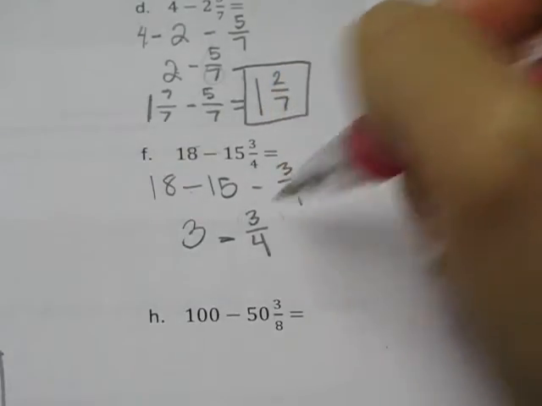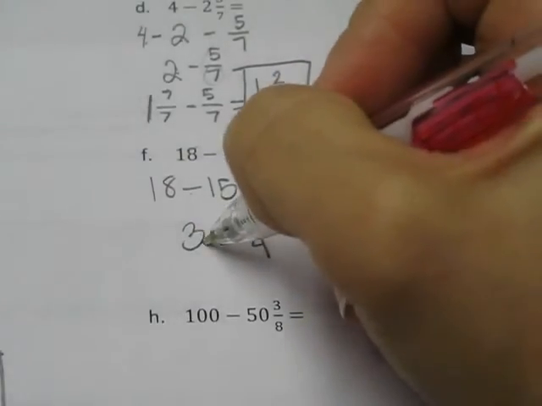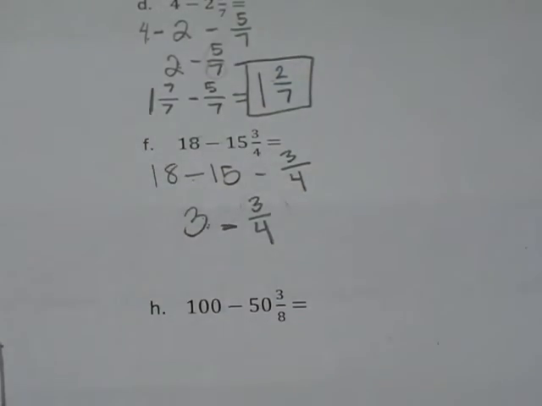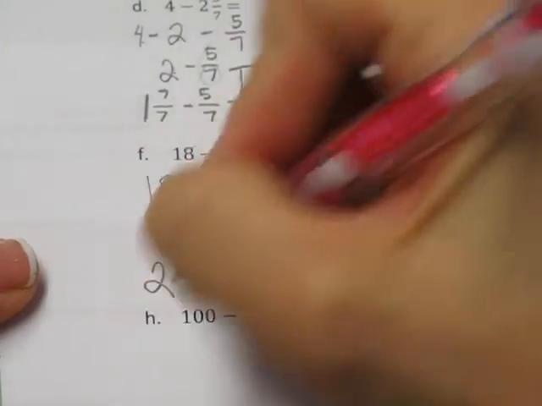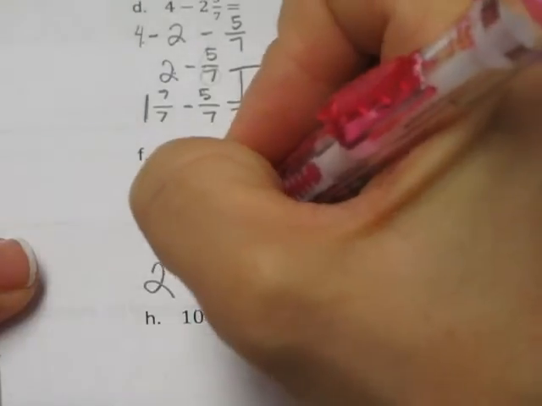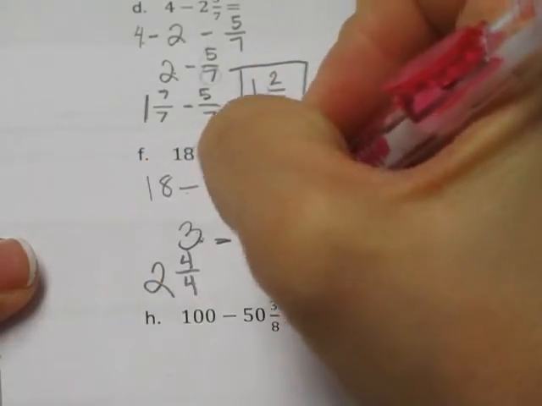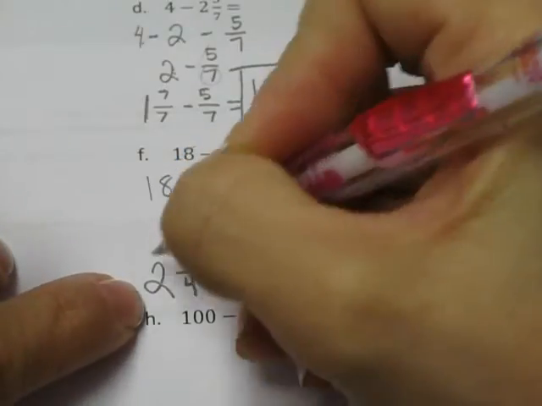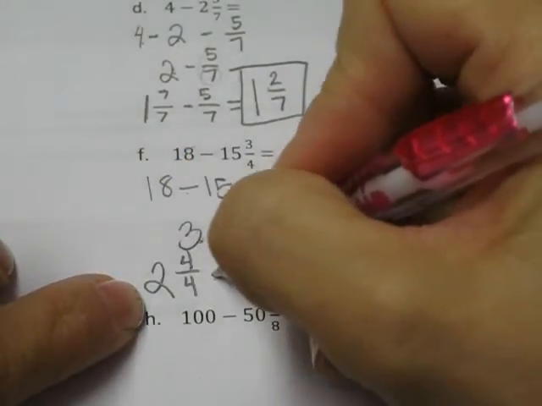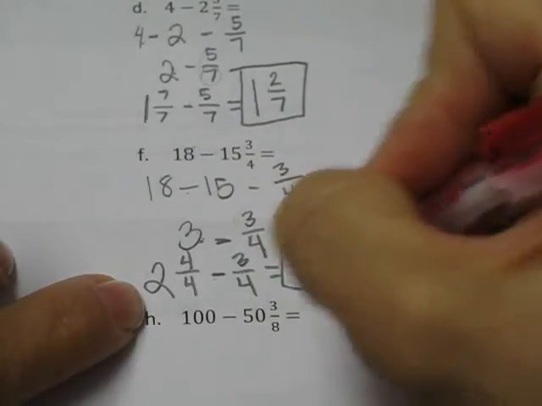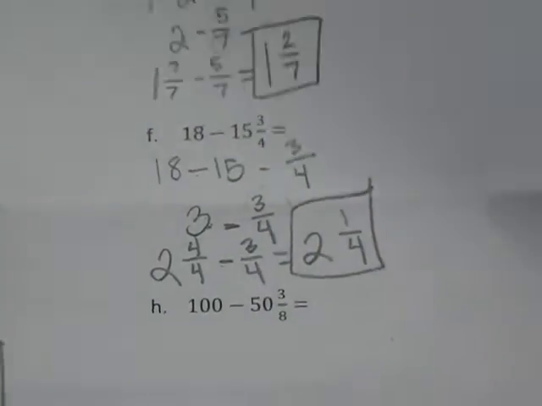Because I need to subtract a fraction, I need to pull out a whole number here and change it to a fraction. So if I pull out 1 whole, that leaves me with 2, and I'm going to take that other whole and turn it into a fraction of 4/4, because my denominator is 4, and I'm going to subtract 3/4. So I have my whole number 2, and 4/4 minus 3/4 is 1/4. So my answer is 2 1/4.